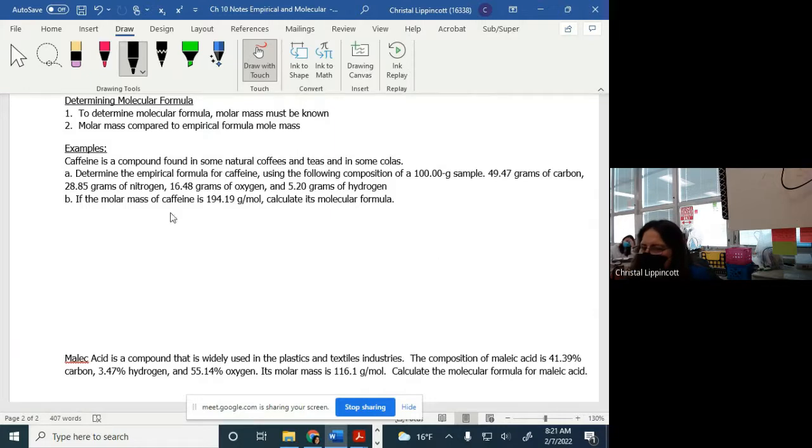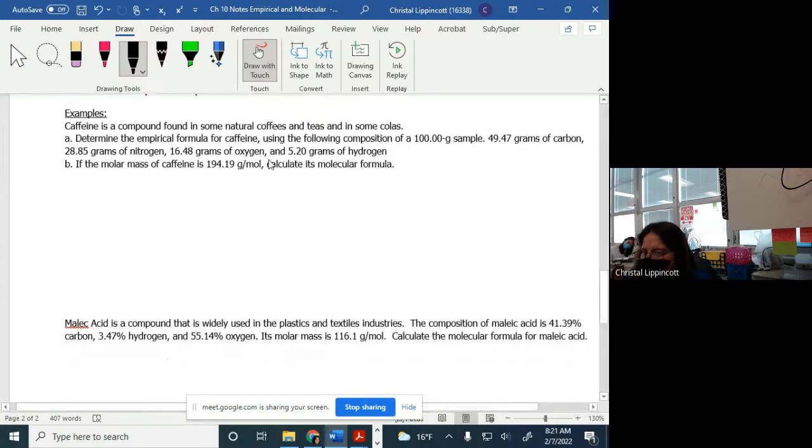Then they have to give you the molar mass here. And from that, we can get the molecular formula. So let's start by figuring out the empirical formula for caffeine, one of my favorite substances in the world. We were given a 100-gram sample. They've already broken this down into grams for us. Figure out the empirical formula for caffeine. You should be able to do that, and then I'll take you through part B.